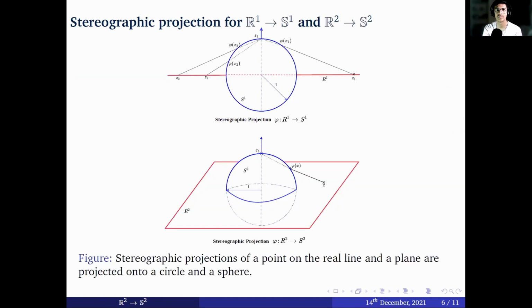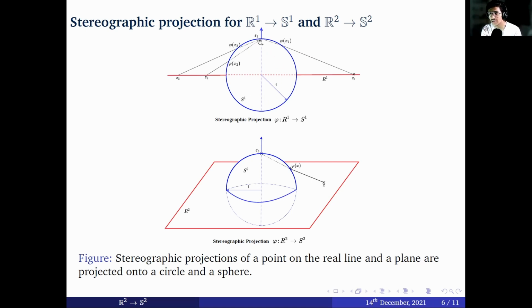Diagrammatically, this is a point on the real line Z1, and we try to extend it onto a hypersphere S1 in n plus 1 dimensions. E2 is the orthonormal basis of S1.